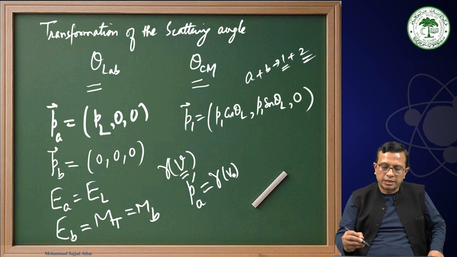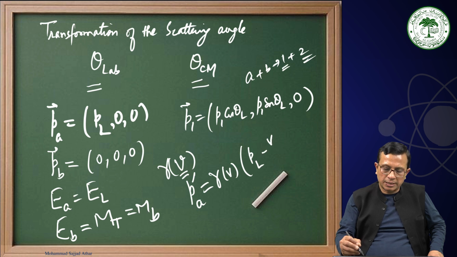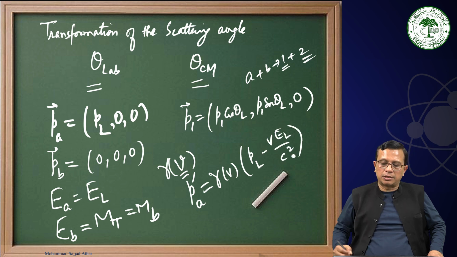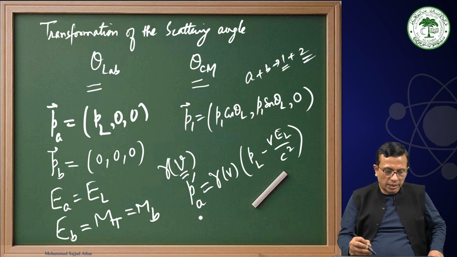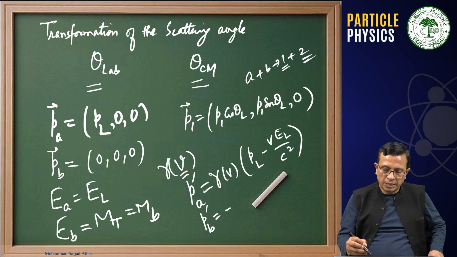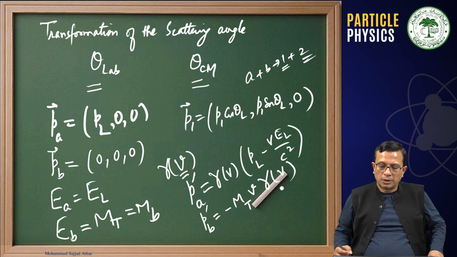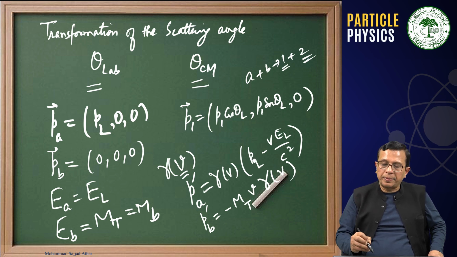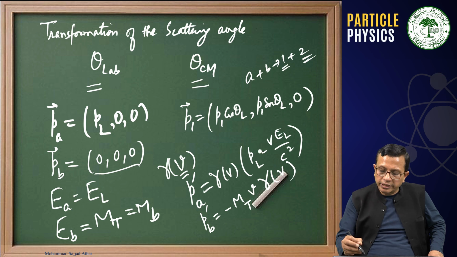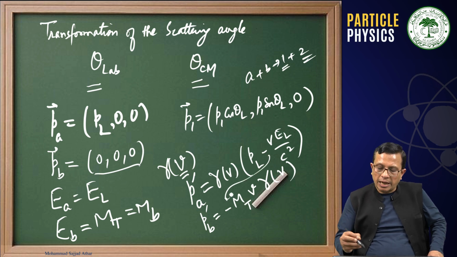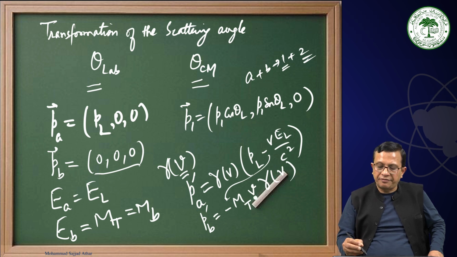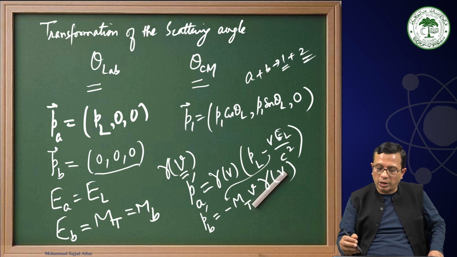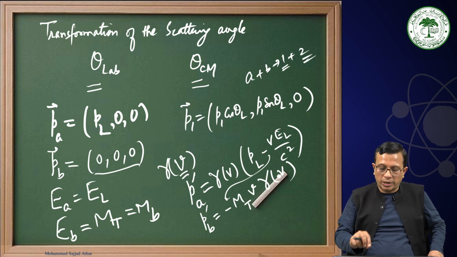Our expression was gamma V (PL minus VEL by C square), and PB prime will be minus MT V gamma V. Why? Because the momentum component for B is 0, so only this component remains, and since the energy of the particle is its rest mass energy, E is MT C square, and the C square cancels out.